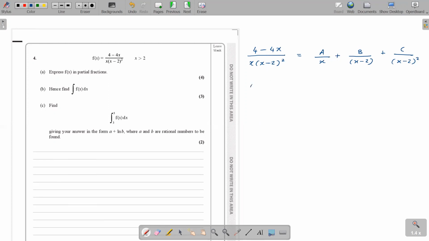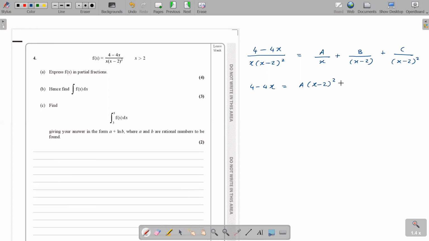Okay, so then let's take the numerators for the 4 minus 4x here. A over x multiplies with x times (x minus 2) squared. What happens? x and x cancel and I get (x minus 2) squared. Is it clear what I'm doing here? The x times (x minus 2) squared goes to the other side and multiplies with the A. So the x to x cancels and the (x minus 2) squared remains.